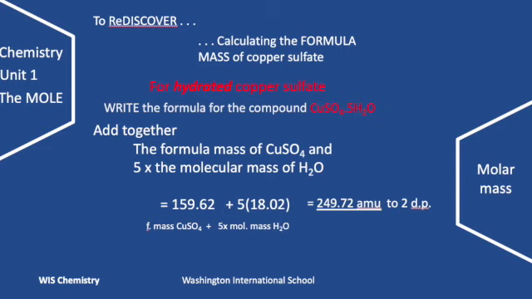It's not something you're born knowing. If it's a hydrated salt, you include the number of molecules of water, and here it's pentahydrate because there are 5 of them. So you've got a mass of copper sulfate and you're adding to it 5 molar masses of water.